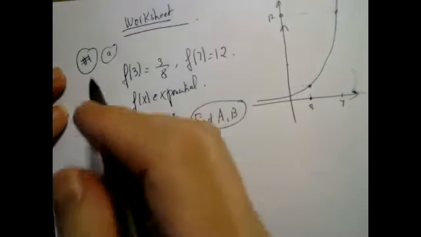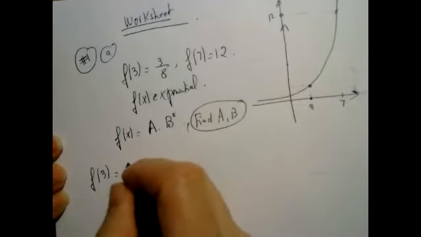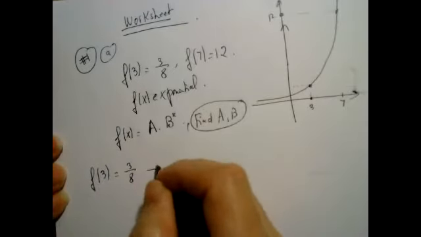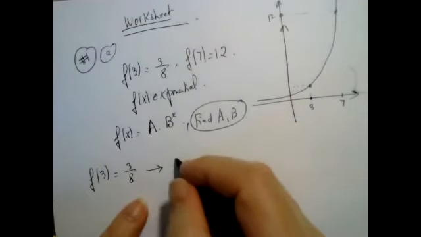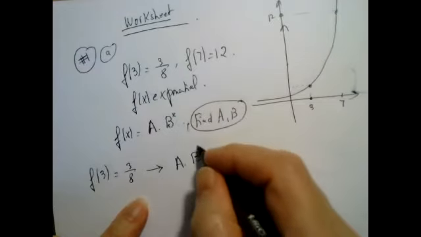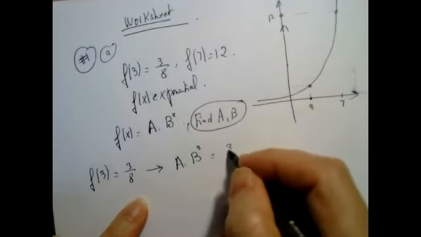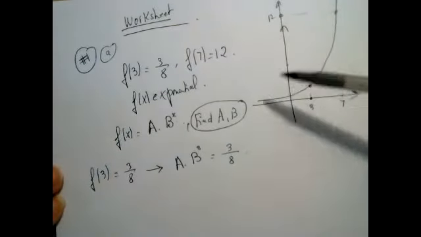All right. So let's use the first thing. The function takes 3 to 3 over 8. What does this mean? It means that if I plug in the value 3 for x, the output is 3 over 8. That's how we interpret it. It takes 7 to 12.